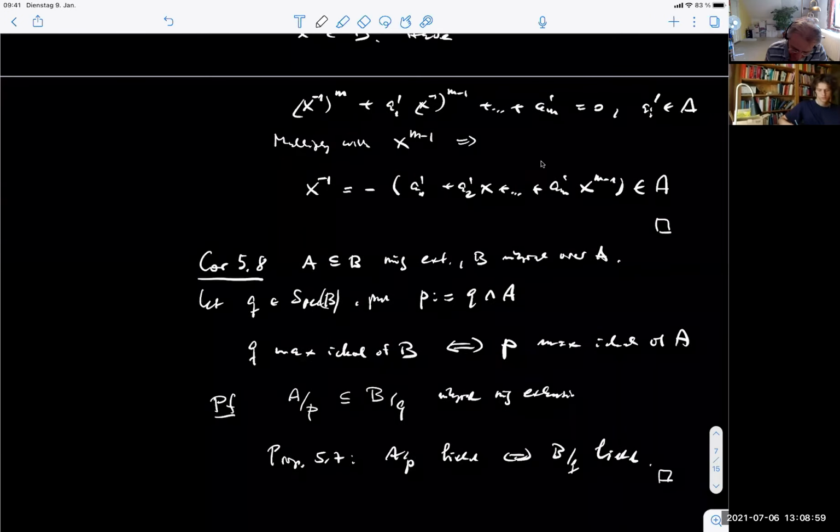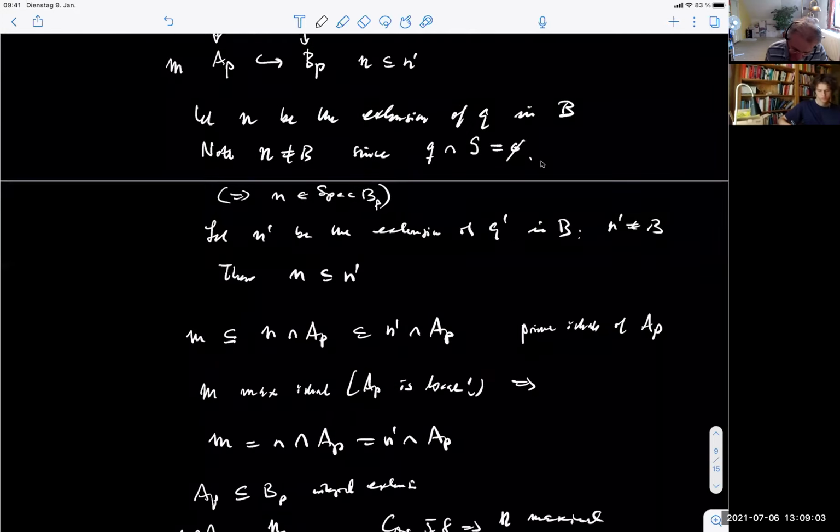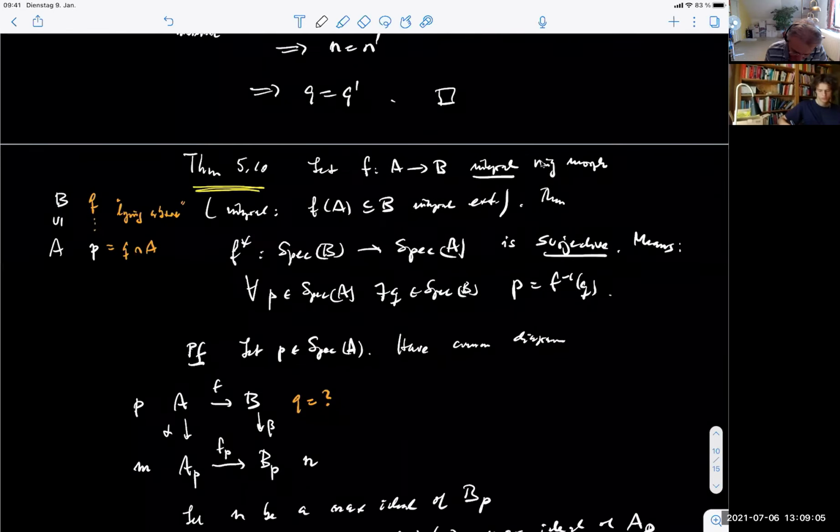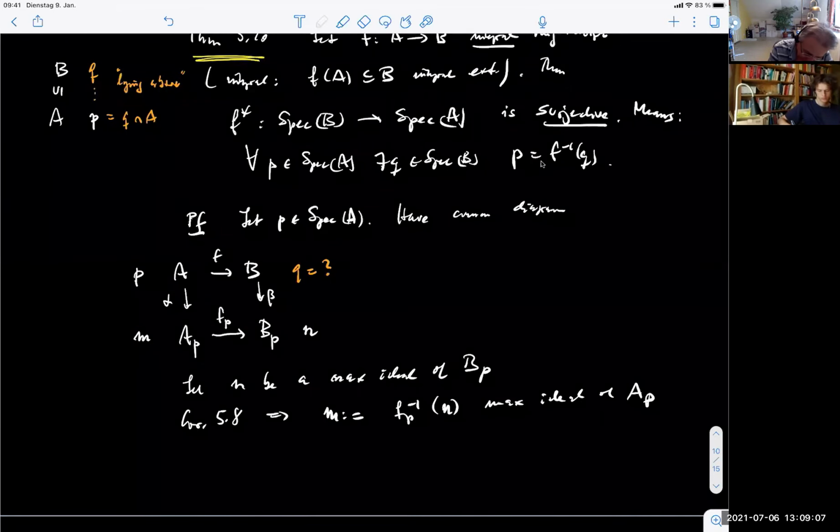Corollary 5.8. So what I used here, that this is an integral extension, as we did before. But I know already AP is a local ring, so M is the maximal ideal of AP.